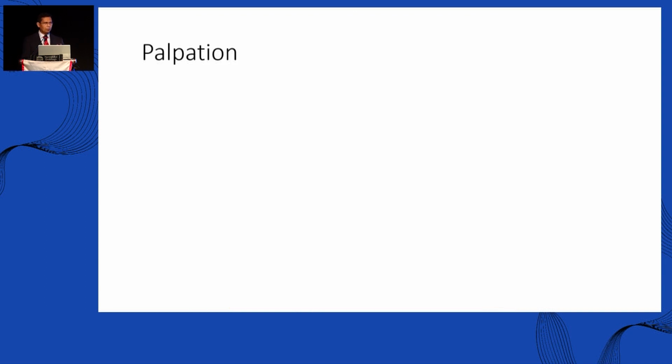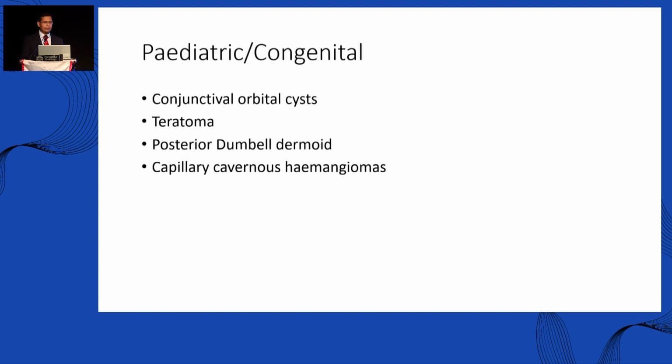Then palpation, of course, in a proptosis case, you have to palpate around the eye, trying to find a possible palpable lesion. And in pediatric and congenital cases, it can be conjunctival orbital cyst, teratomas, posterior dumbbell dermoid, capillary or cavernous hemangiomas.